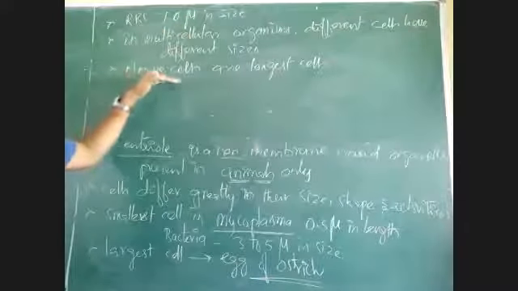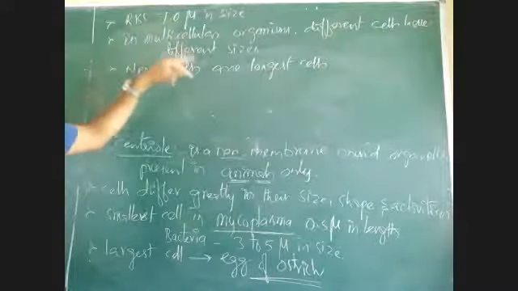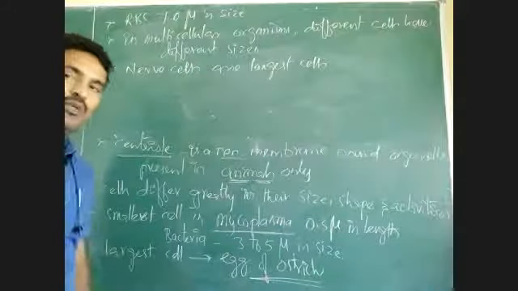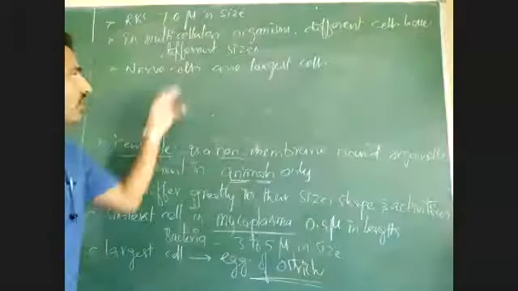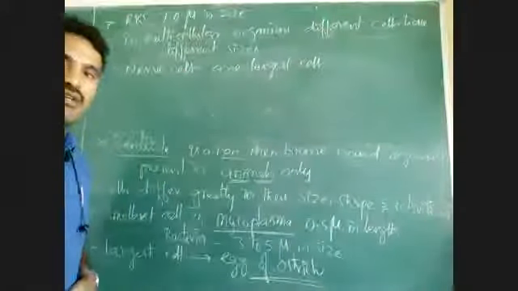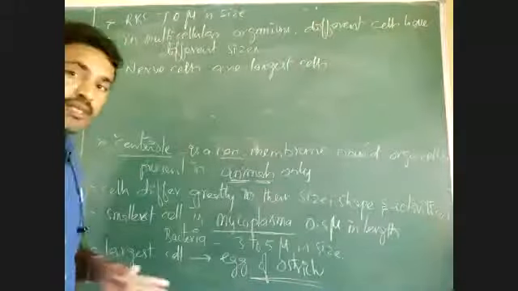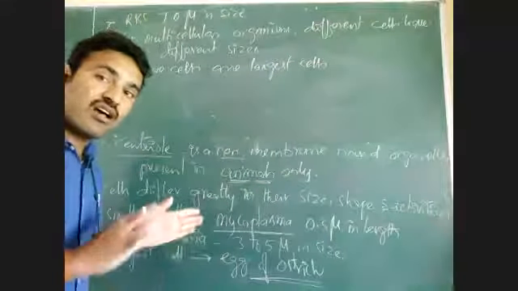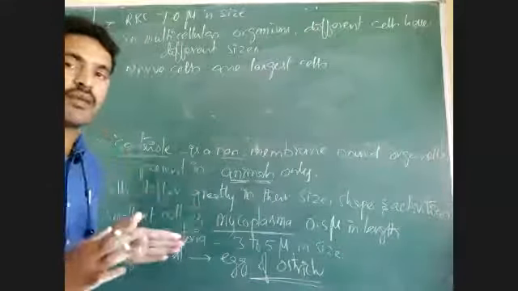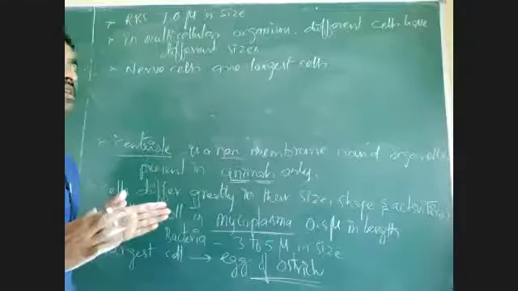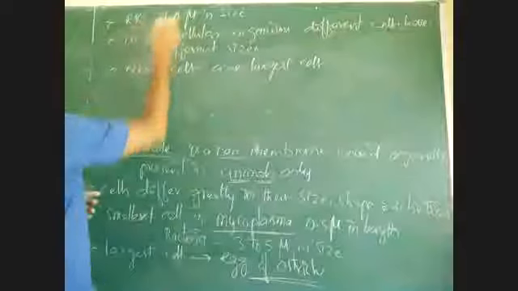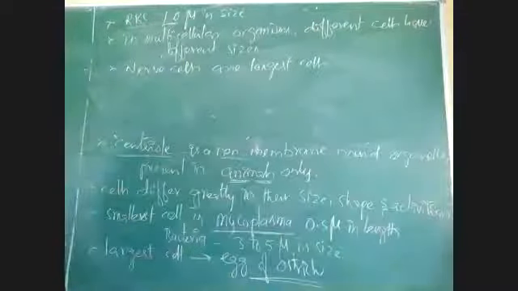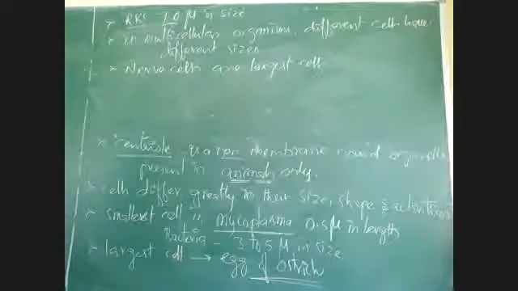Nerve cells are the longest cells. Both RBC and nerve cells are present in human beings. In our body, there is presence of RBC. Neurons or nerve cells are also present in our body. That means in multicellular organisms, all cells do not have the same size and shape. The size is differing. RBC has 7 microns in size. Nerve cells are the longest cells.